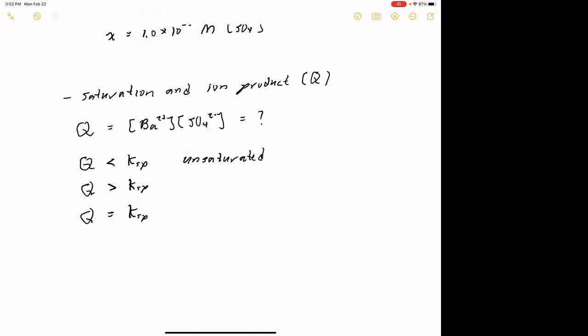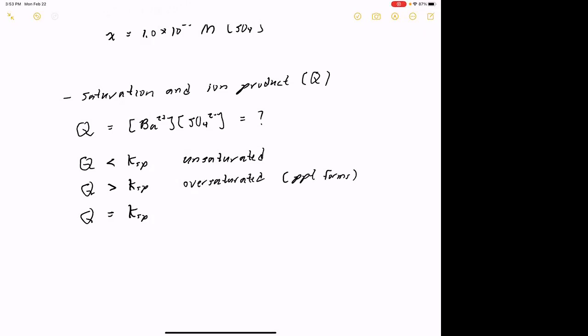So if I have a Q that's greater than a KSP, well, that means my KSP requirement has been met. It's actually been overmet. So this is a situation where obviously I'm oversaturated and I see a precipitate on the bottom of the beaker. Okay, so in other words, precipitate forms. All right. But then what if my Q is right at my KSP?